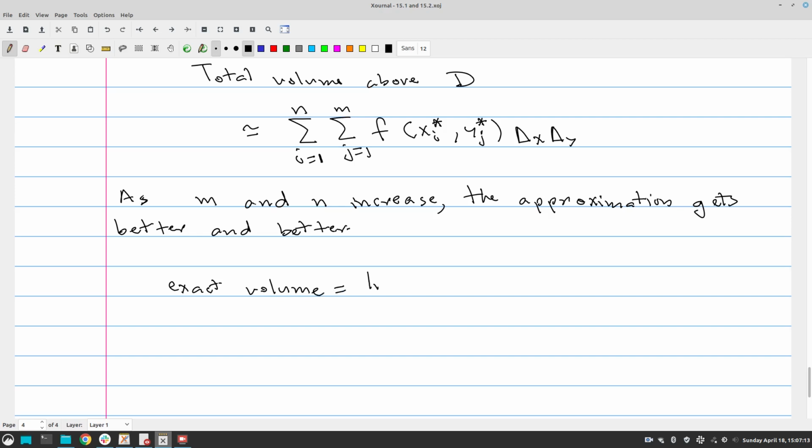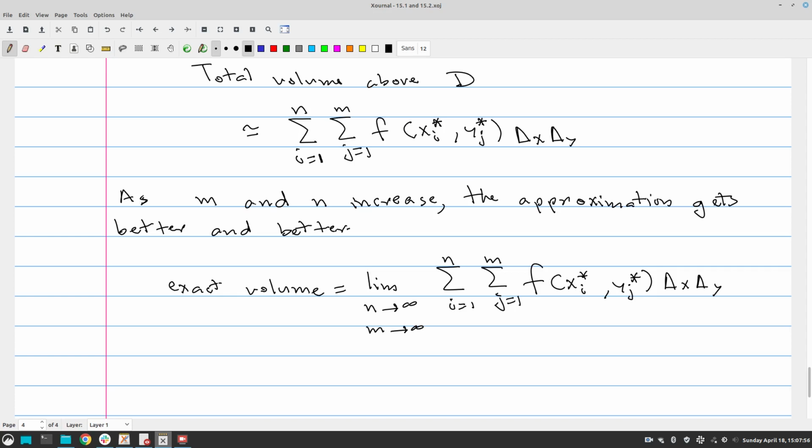So then the exact volume is equal to the limit as n goes to infinity and m goes to infinity of the sum, i from 1 to n, j from 1 to m, of f of xi star, yj star times delta x delta y. This is the volume that we get.